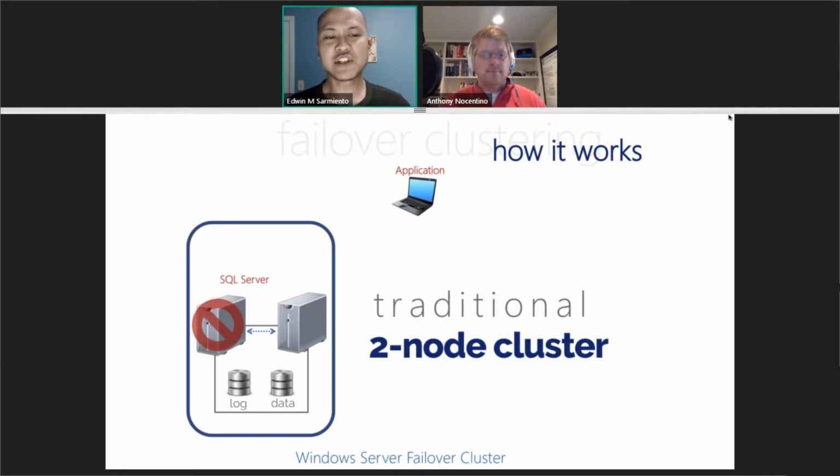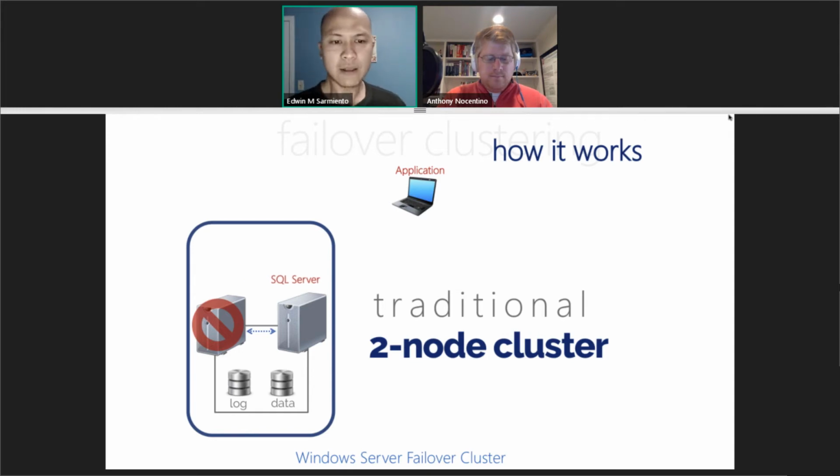This initiates the stop service that we talked about earlier in the traffic light analogy. The service was stopped on the node on the left. And if you noticed, let me step back a bit, the application got disconnected as a side effect of that. Why is that? Because the service has been stopped. Think about that for a second. It's just like rebooting SQL Server. Client applications will have to be disconnected until the SQL Server service is back online.